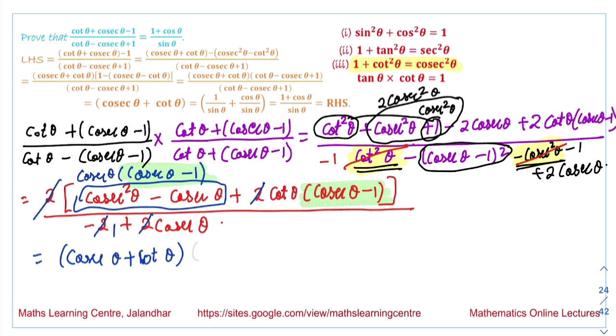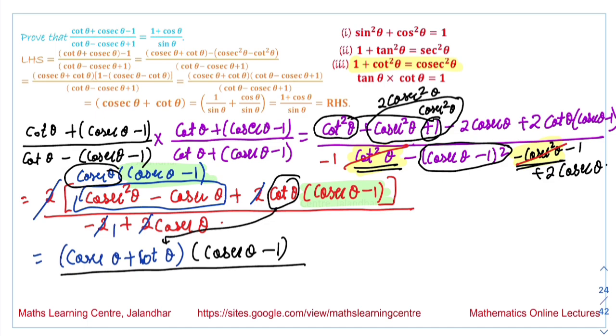We have taken this term, cosecant theta minus 1, common. So what we are left with is cosecant theta plus cot theta. In the denominator part we have cosecant theta minus 1. Both these terms get cancelled.